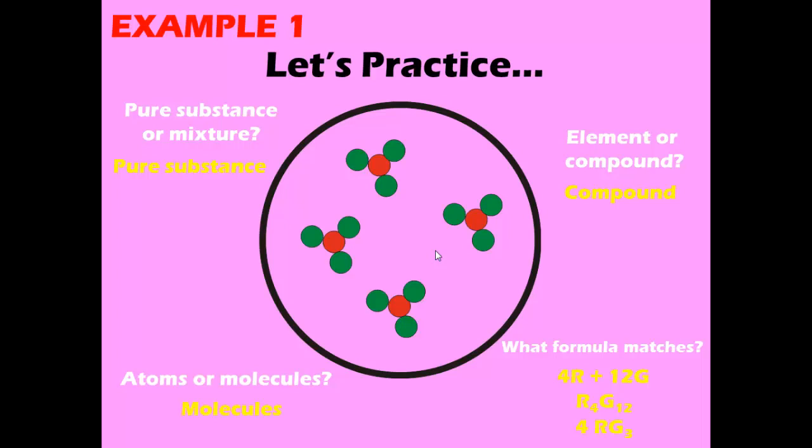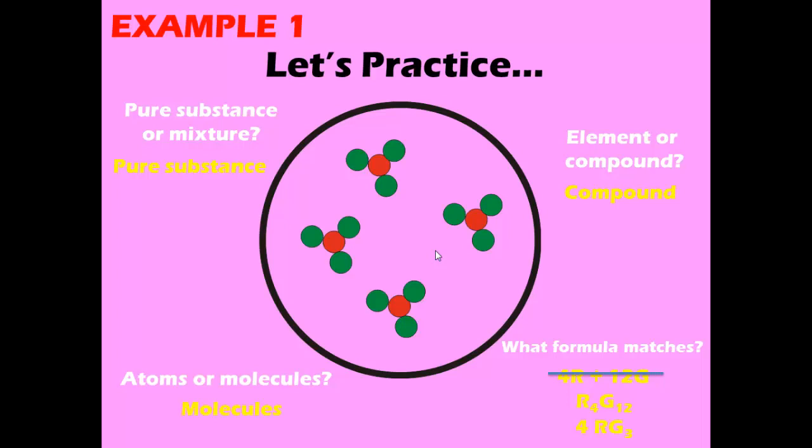And I would argue that this is not a physical mixture of atoms, it's actually chemical bonding that's going on. When you see an atom placed next to another atom and they're touching, we're suggesting that that thing is actually bonded together. So I don't see 4 individual reds and 12 individual greens, so I'm going to get rid of my first option.